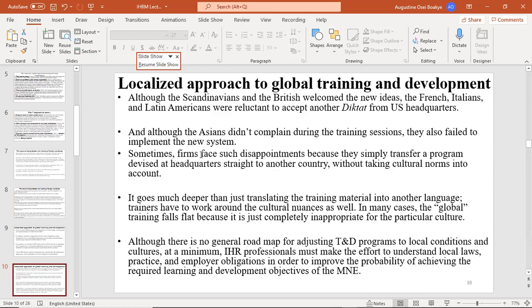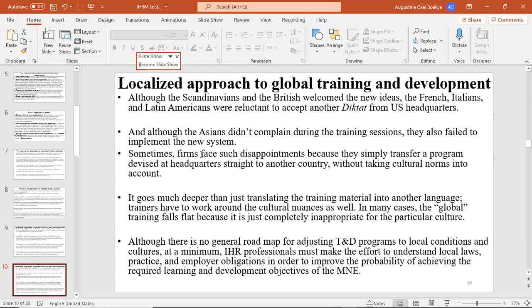Sometimes firms face such disappointment because they simply transfer a program devised at the headquarters straight to another country without taking cultural norms which are available at the subsidiary level into account. And it goes much deeper than just translating the training material into another language, so, for instance, from English to French.